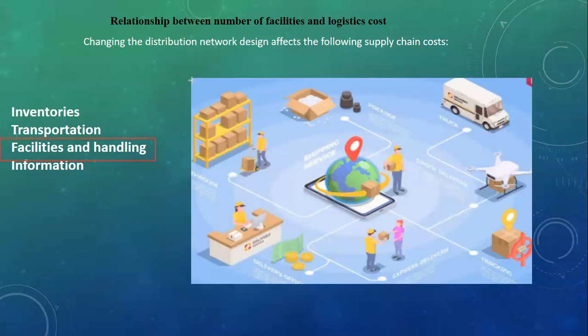Now information. For better information, you need to arrange better software to transfer information from the shopkeeper to the manufacturer. The system is so integrated that the shopkeeper keeps the balance inventory, say 10 units.